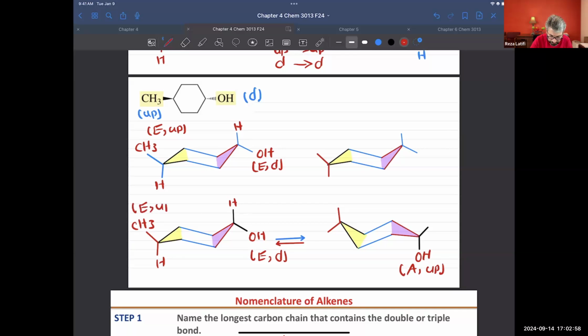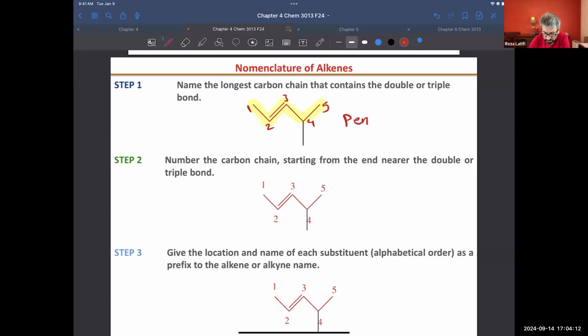How many carbons are there? We're going to start from the side that is closer to the double bond. 1, 2, 3, 4, 5. So I have 5 carbons. I'm supposed to say pentane, I go pentene.